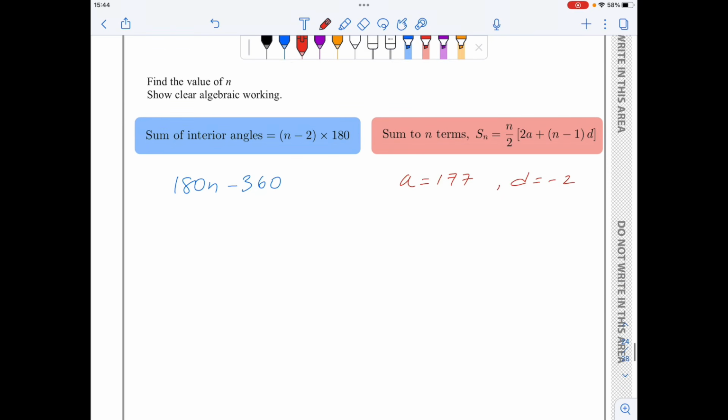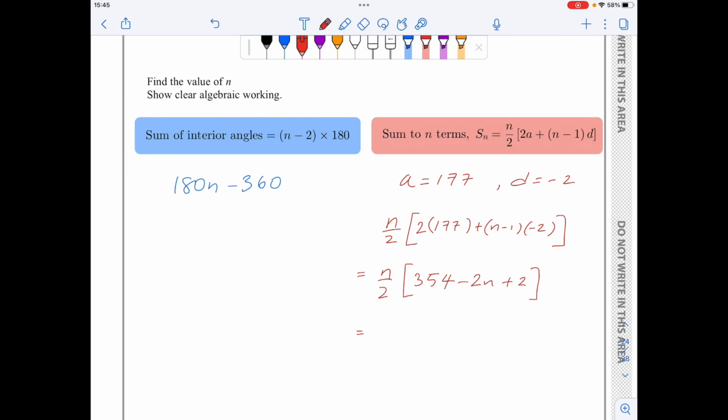So if I set up my equation, this will be n over 2, 2 times 177 plus n minus 1 times minus 2. Let's simplify this. n over 2, 354 minus 2n plus 2.